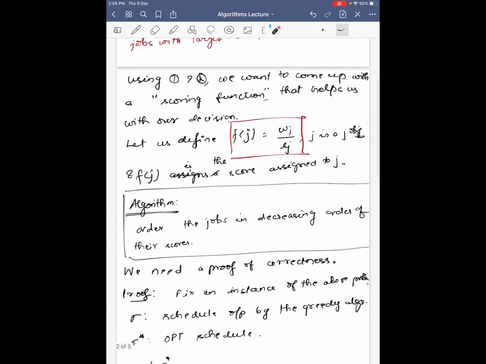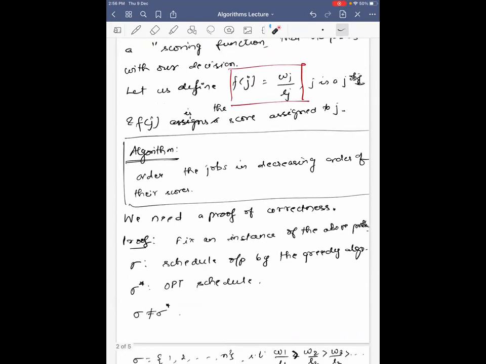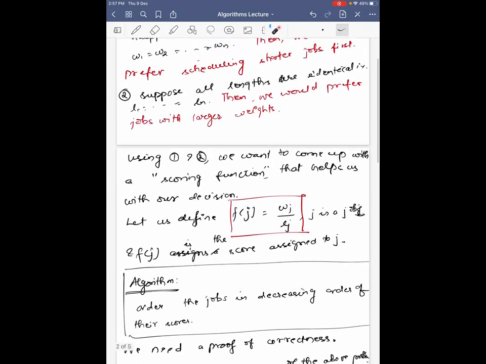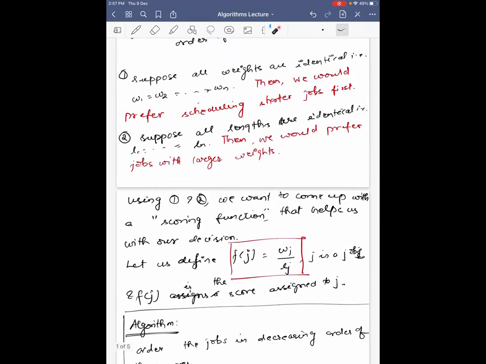Right. Now of course, one might also ask, how did you come up with this heuristic? Because this need not necessarily be the only heuristic that encapsulates the intuition that we started off with.